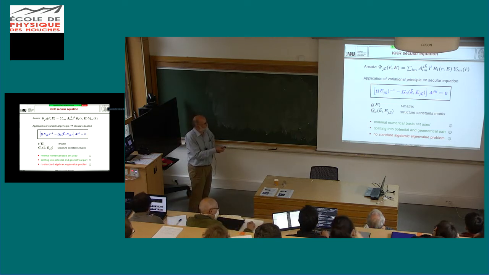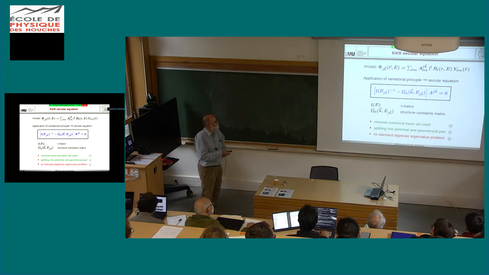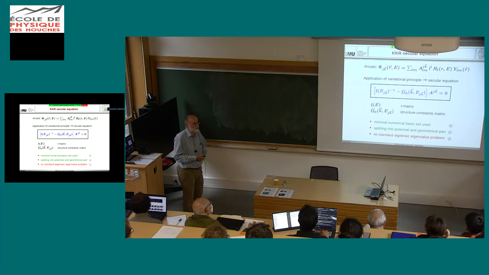It looks somewhat different. Of course, we have a matrix showing up here, and obviously, if this is an eigenvalue equation, then we have to look for the zeros of the determinant of that matrix, and this matrix will show up again and again. This is called the KKR matrix.